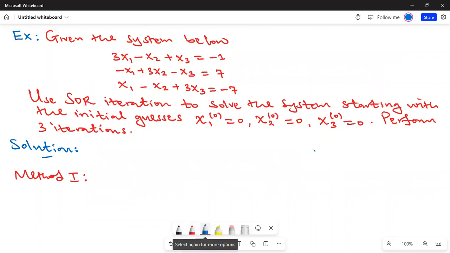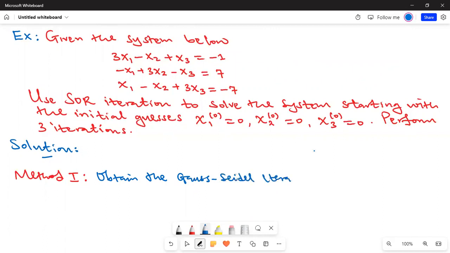So obtain the Gauss-Seidel iterative formula for the system, simply the given system.